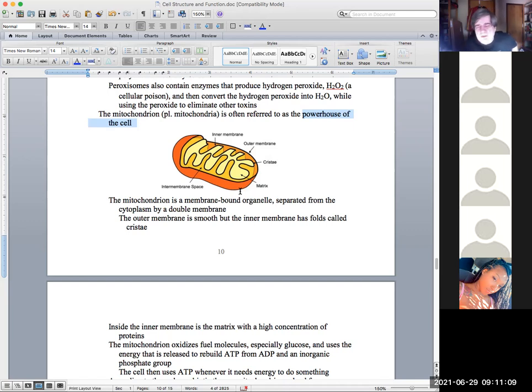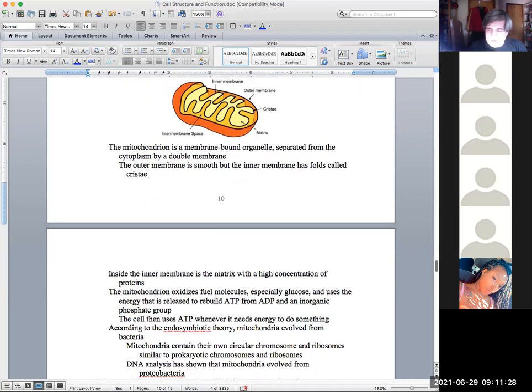We haven't been able to reject that hypothesis, so we're pretty sure it's right. This explanation for why we have a prokaryotic chromosome and prokaryotic ribosomes, and the cell divides like prokaryotic cells do, and several other characteristics, this is something called the endosymbiotic theory.